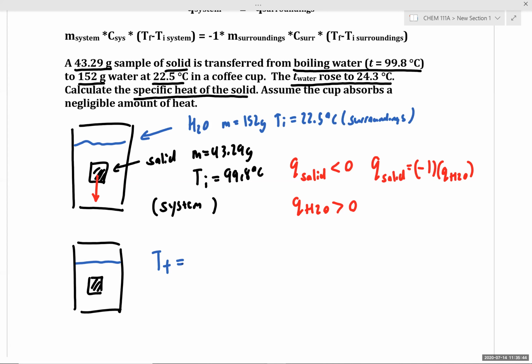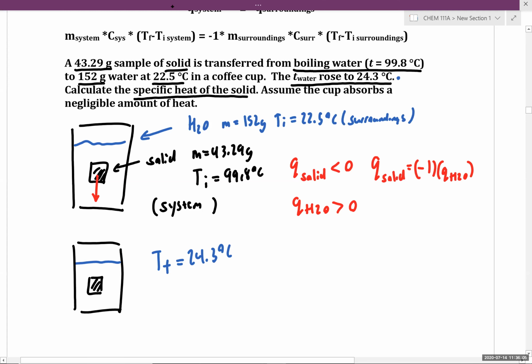Just looking in the problem, what is our final temperature? 24.3 degrees Celsius. So the final temperature is going to be the same for both our solid and our water sample.